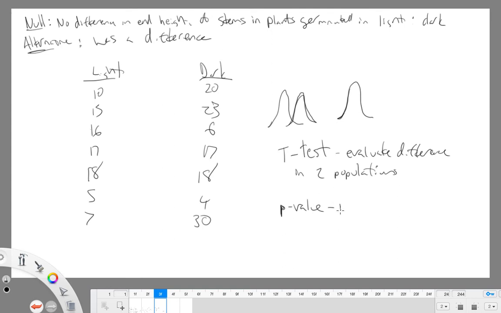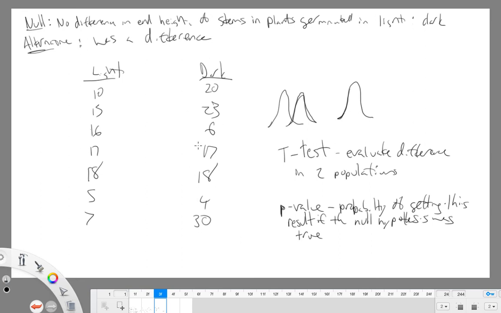So let me write that out. Probability of getting this result if the null hypothesis was true.